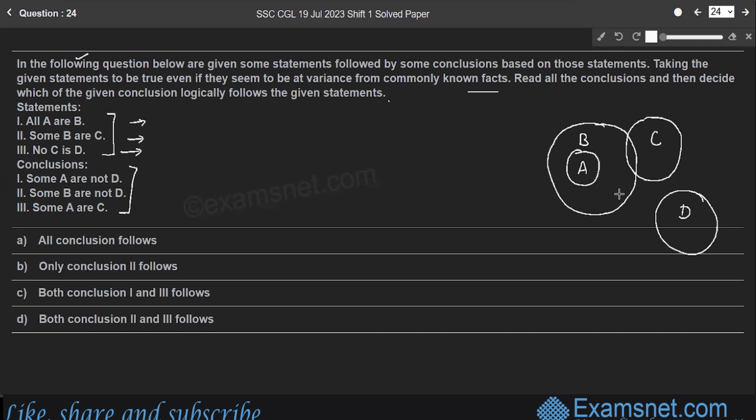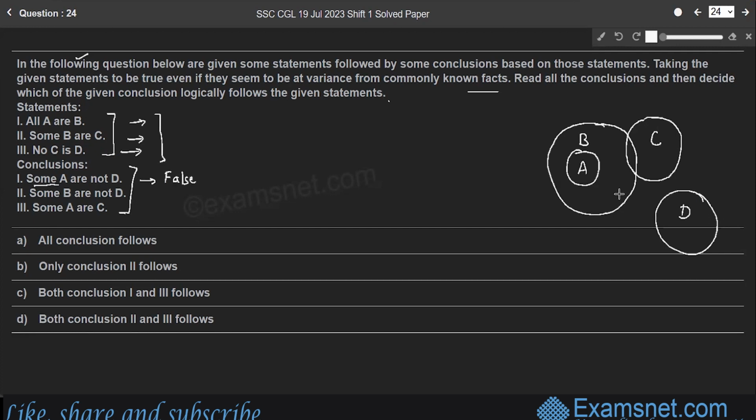Right? Now come to the conclusion part. Some A are not D. Right? So which is a false conclusion because strictly no A is D here. According to the statement, there is no relation between A and D. Therefore, strictly no A is D. Therefore, some A are not D is a false conclusion.